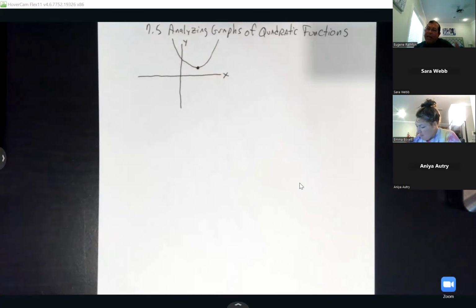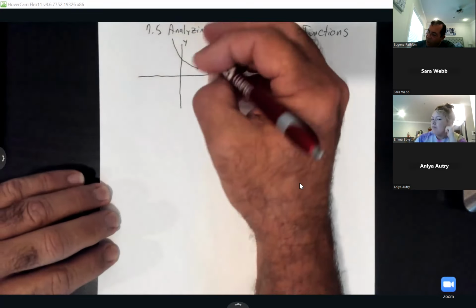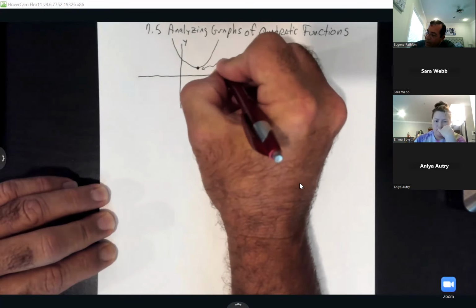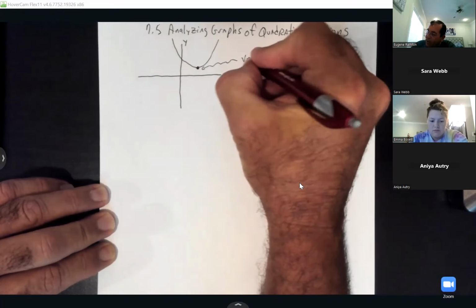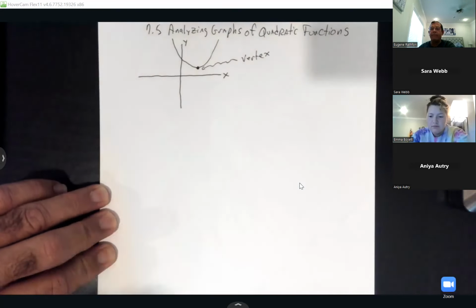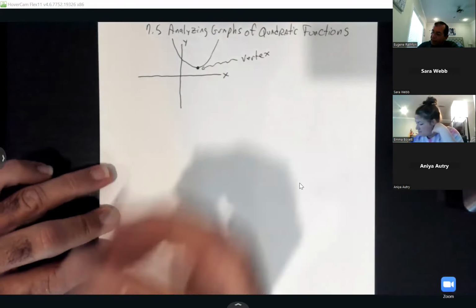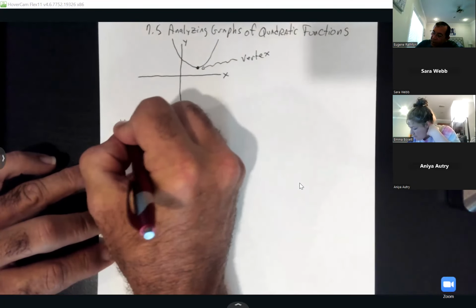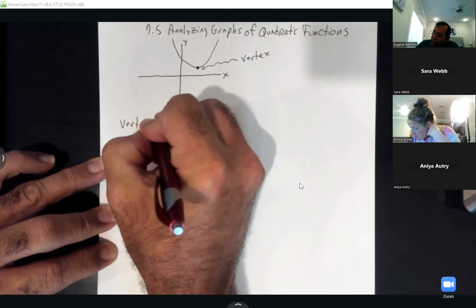Now, remember, the parabola can be flipped over. So what we're concerned with is this point right here. We call that the vertex. Okay, so let me define what the vertex is.